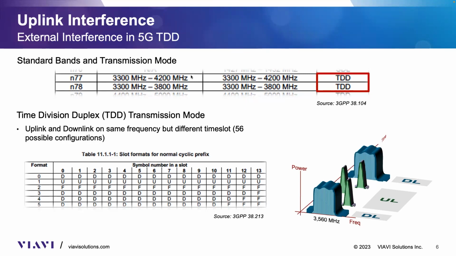That creates a complexity: if we have interference in 5G TDD in mid-band, how are we going to characterize that interferer? For that, we have to have the ability to analyze the uplink timing or the spectrum of the uplink. Now, that's one challenge.